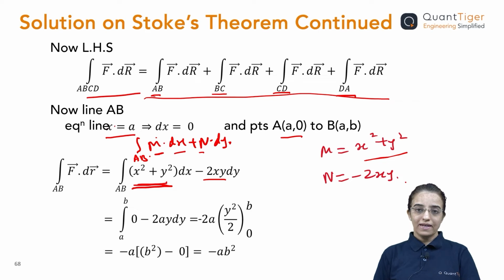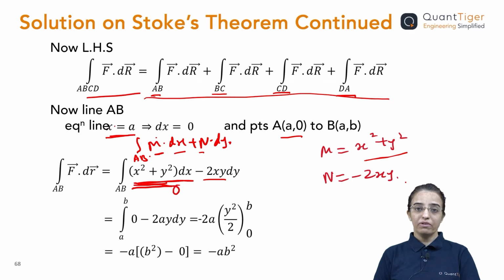So now after that what we have to do, x की वैल्यू हमें a है, because along line AB we are trying to find the line integral. So वहाँ पे along line AB x की वैल्यू a है और dx की वैल्यू 0 है, तो ये जो first term है, that will obviously become 0 because dx की वैल्यू 0 है.